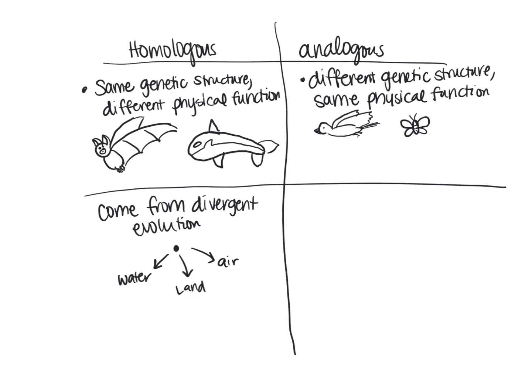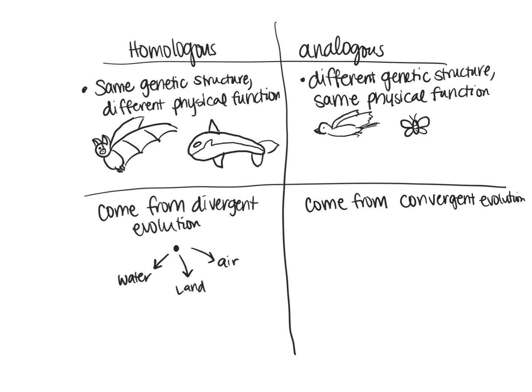So in the case of finger bones, you would have the whale that eventually those 5 fingers become adapted for water. In the case of the bat, you have those 5 fingers adapted for air. And in the case of something like a horse or a dog, then those 5 fingers eventually are adapted for walking on land.